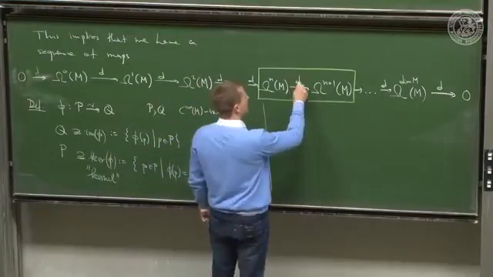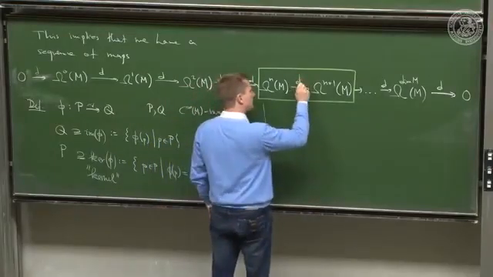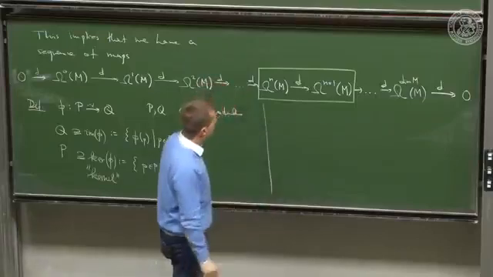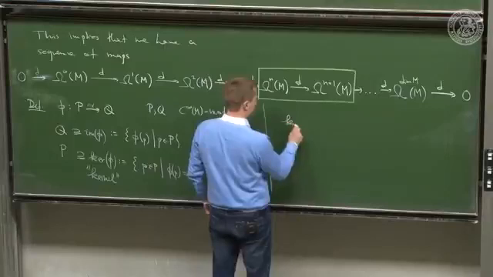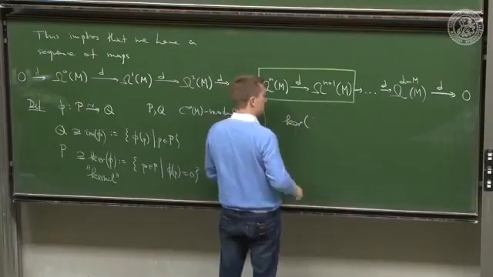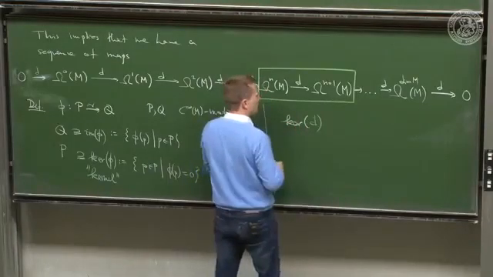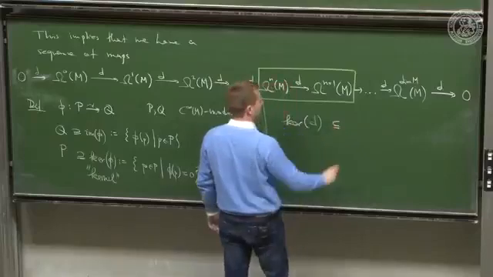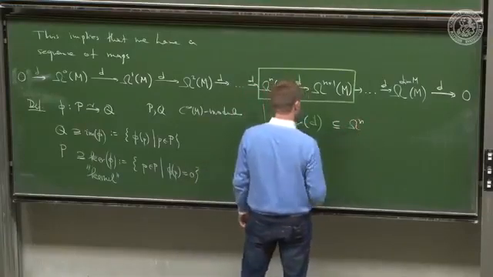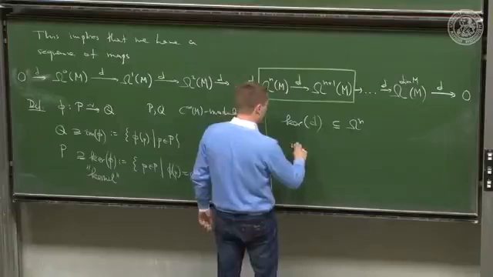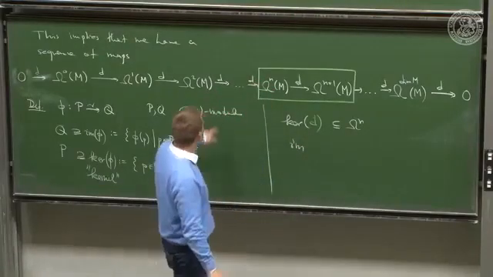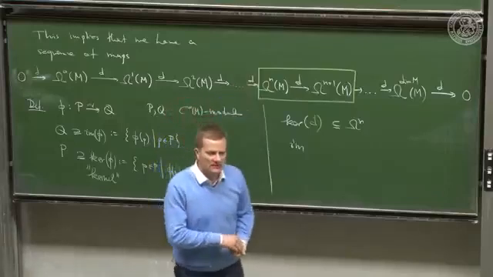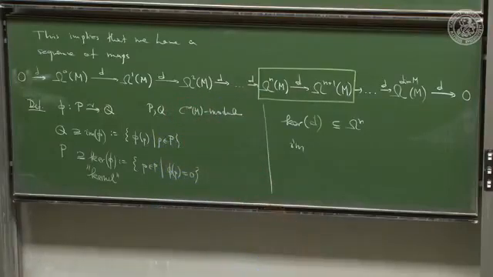So I could ask about this green D, what is its kernel and what is its image? I can certainly look at the kernel of the green D, and that will be a subset of omega n. And I can look at the image, but now let me do something different. I look at the image of the D that came before, the red D here.